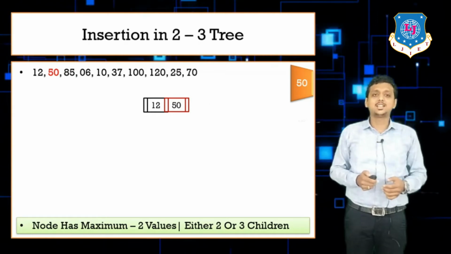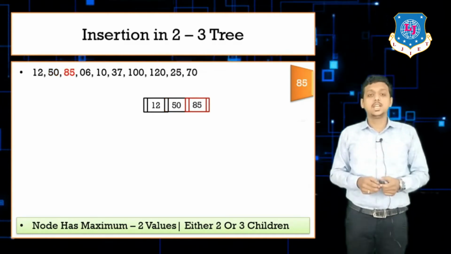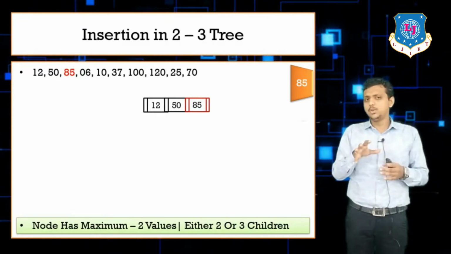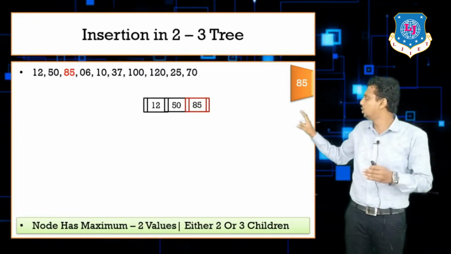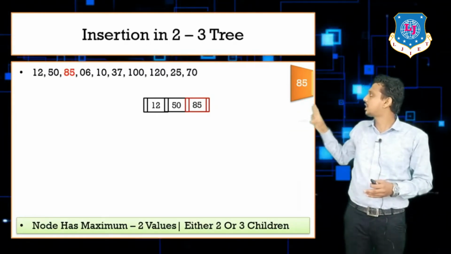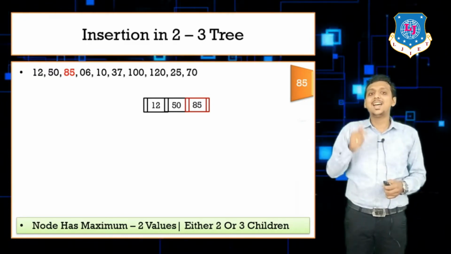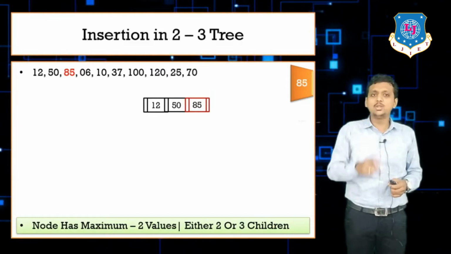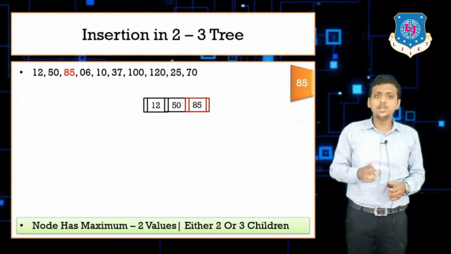Then let's take the next value. Next we have 85. I'm not inserting it yet; I'm just showing you that if you insert 85, it must go on the right side of 50. Now tell me, can I insert more than 2 values in a single node?